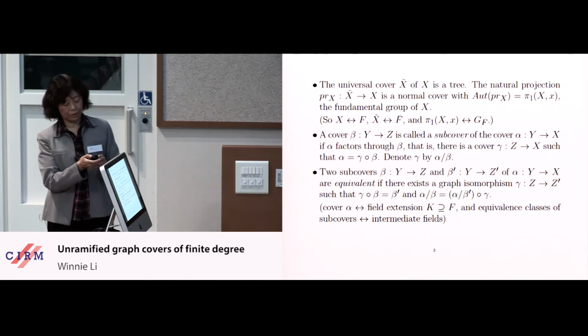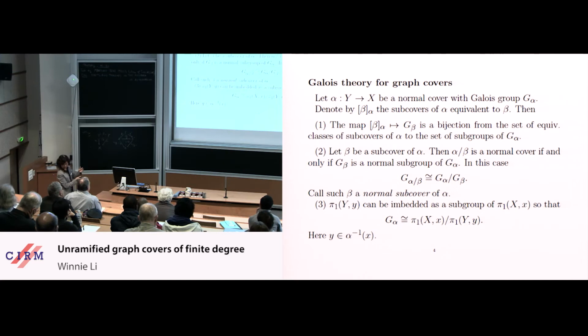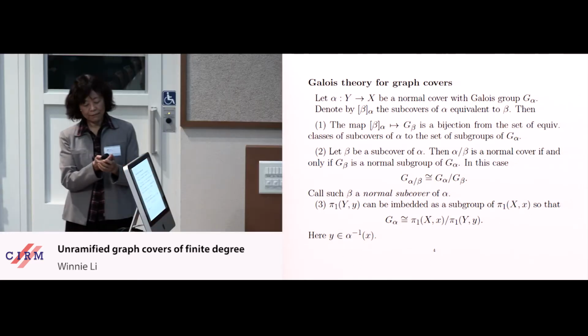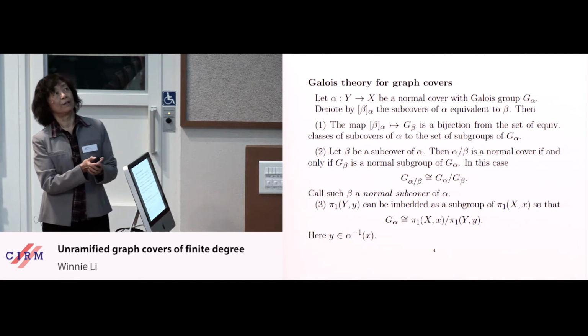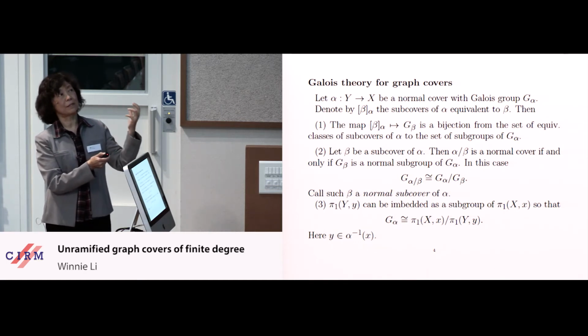We all learned the fundamental theorem of Galois theory for fields. Now we have the same thing for Galois theory for graph covers. Let me start with a cover Y over X which is normal, and I have a Galois group, which I denote by G alpha. Then I consider the equivalence classes of subcovers.